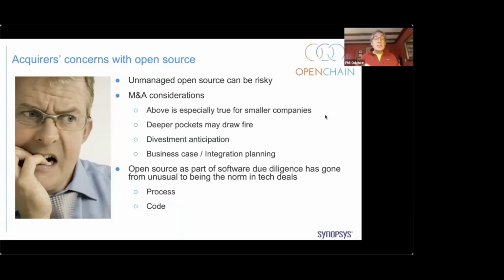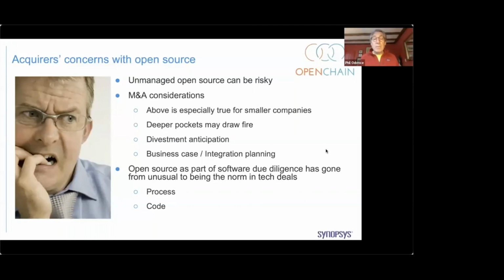And the implication for M&A is that if unmanaged open source is risky, it's especially an issue for smaller companies, where bigger companies in general tend to have more resources to apply to dealing with things other than just getting the product out the door, which is the real focus for small companies.